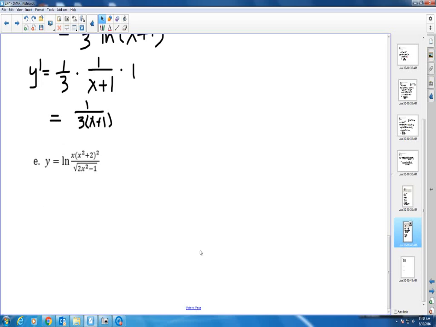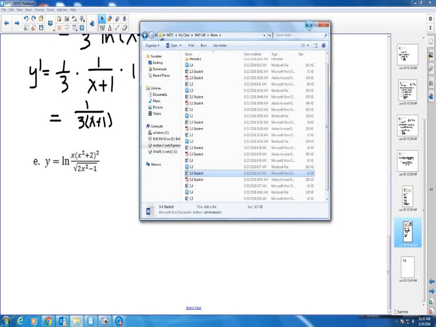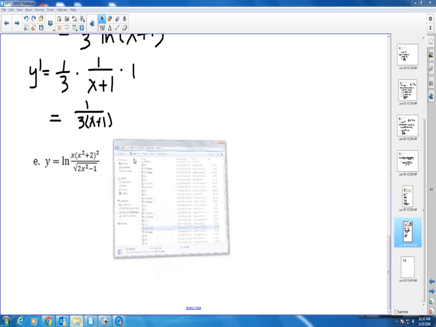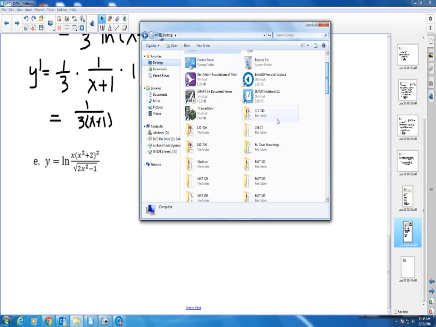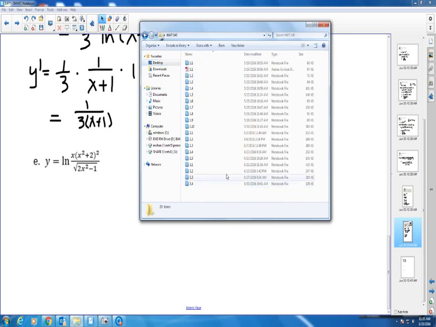Alright, so with this problem, I'm going to use the same trick. Okay, the logarithm of a quotient. Let me go back and show you some of the module that we talked about when we talked about logarithms. It's quite long ago.